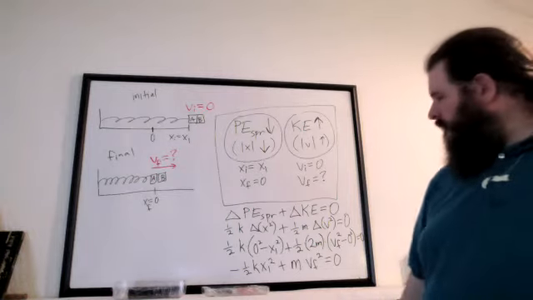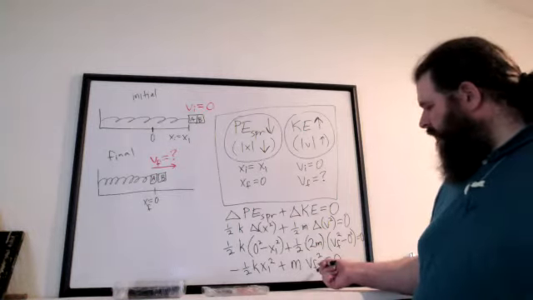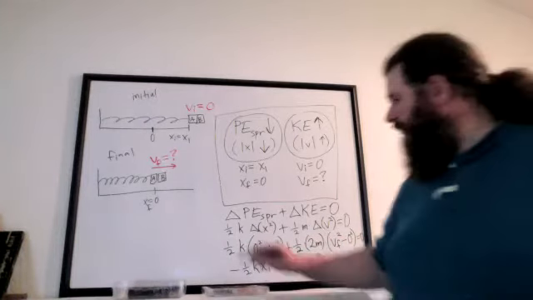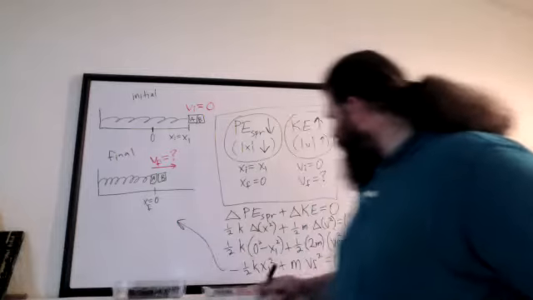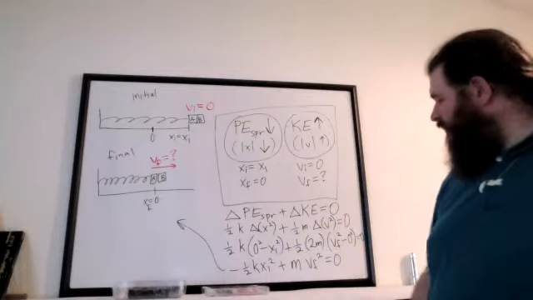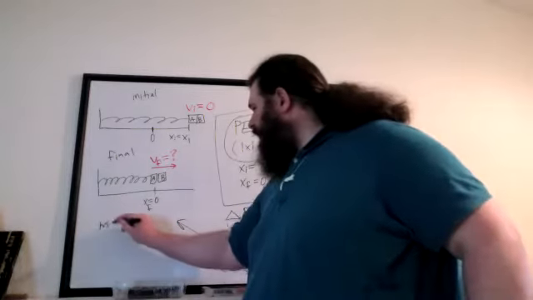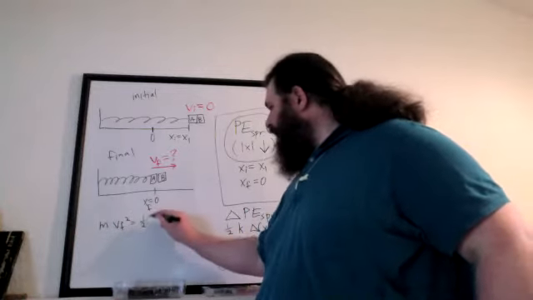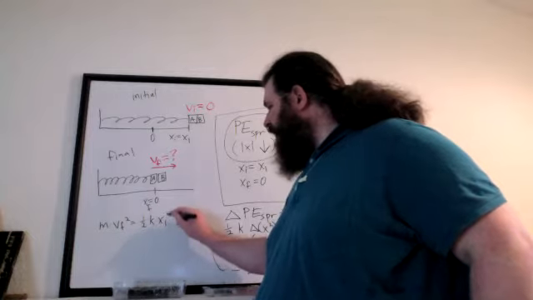V final. So to isolate v final, we've got this negative term being added, so we add its opposite to both sides. So add 1/2 k x1 squared to both sides, and we get m times v final squared equals 1/2 k times x1 squared.